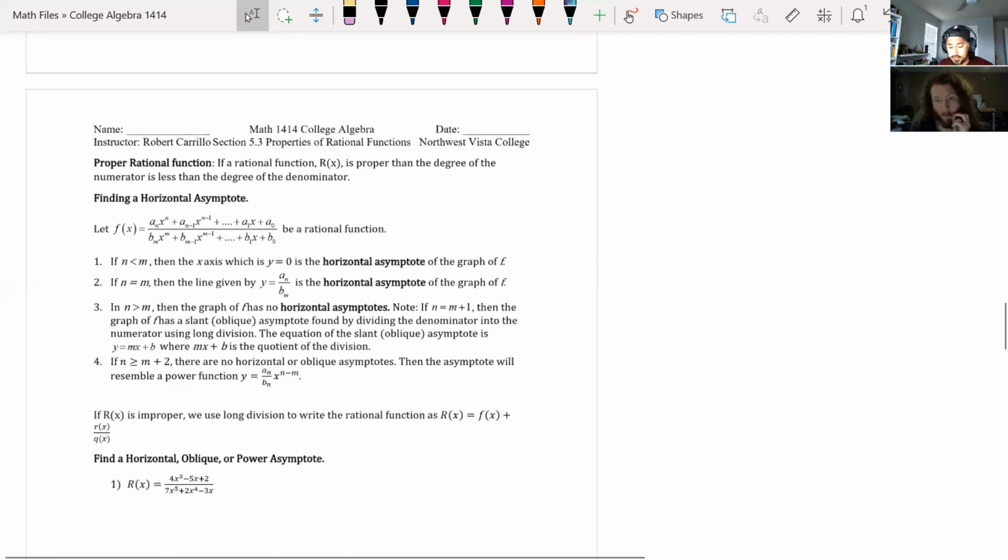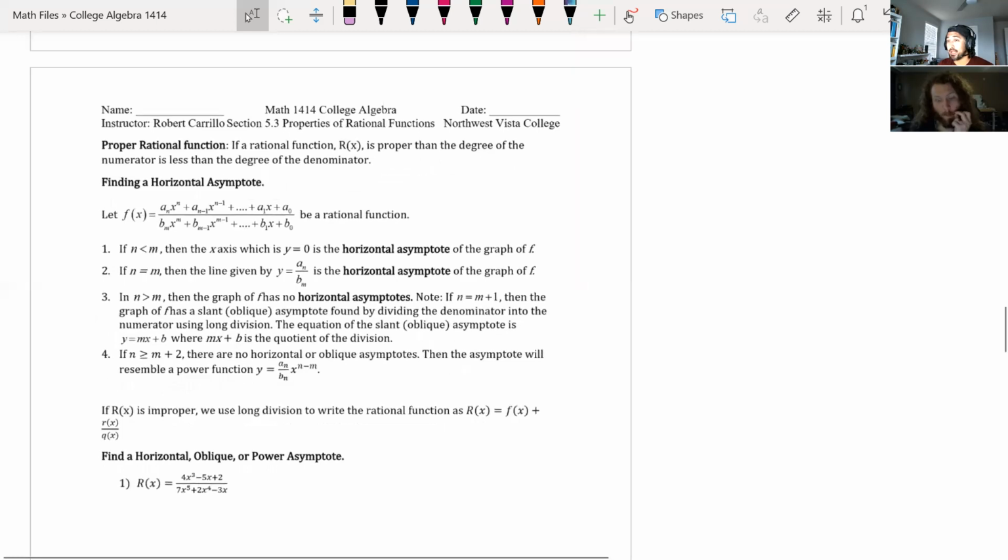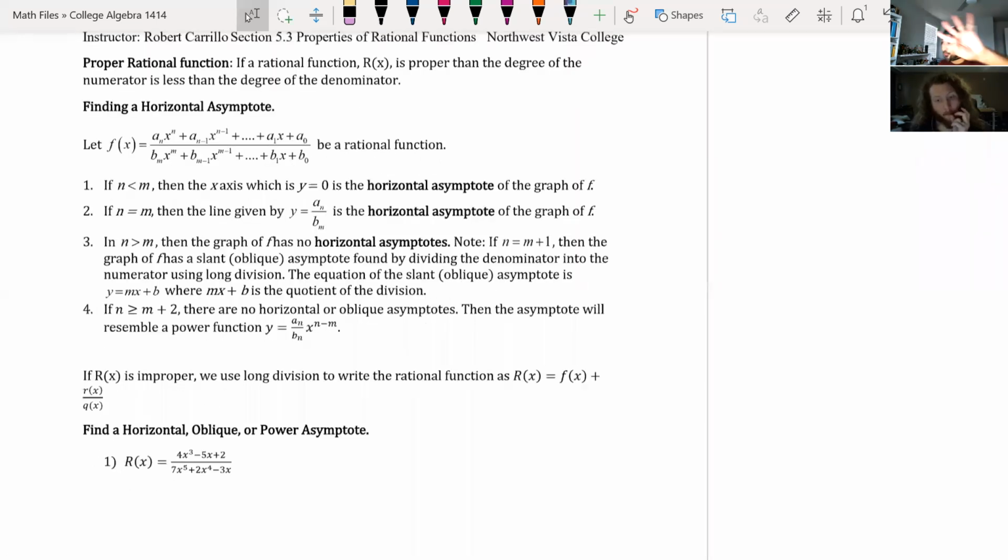So that is information about a proper rational function. Okay. So finding a horizontal asymptote. There are 4 rules to finding a horizontal asymptote. So by definition, let f of x be a proper rational function. Rule number 1 says if the degree of the numerator is smaller than the degree of the denominator, then the horizontal asymptote is the equation y equals 0.